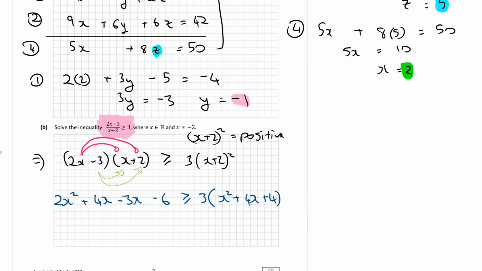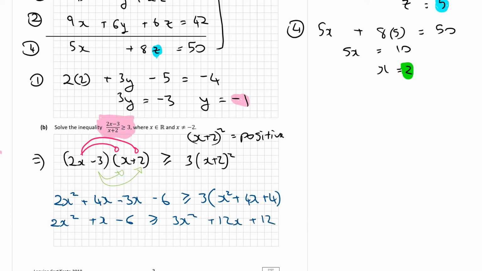Remember, a quick way to square something like that is it's going to be the first squared plus twice the first by the second plus the second term squared. Alright, so that's 2x squared plus x minus 6 greater than or equal to 3x squared plus 12x plus 12.